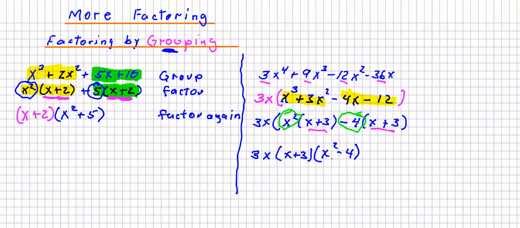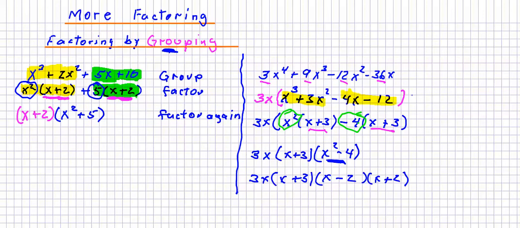So I notice with my x squared minus 4 that I can factor that, x plus 3, x and x, minus 2 and plus 2. And now I'm done. This is my final answer. We want to factor completely.